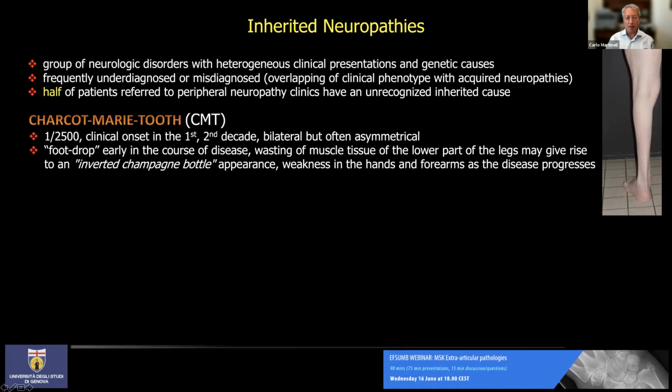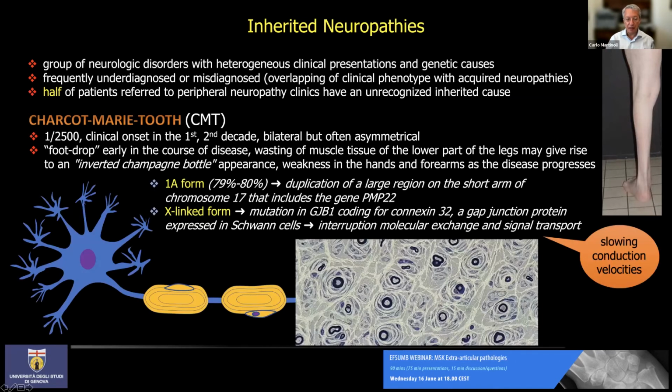A typical inherited neuropathy is Charcot-Marie-Tooth disease, occurring in 1 in 2,500 people. This kind of condition is characterized by atrophy, by a genetic anomaly affecting chromosome 17 or the X chromosome, depending on the forms. It is a very heterogeneous condition.